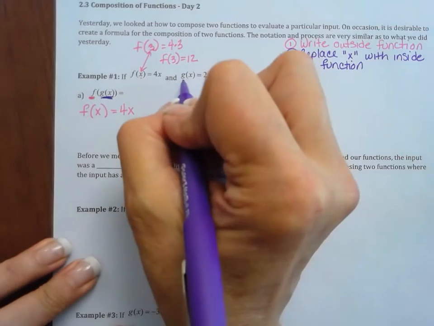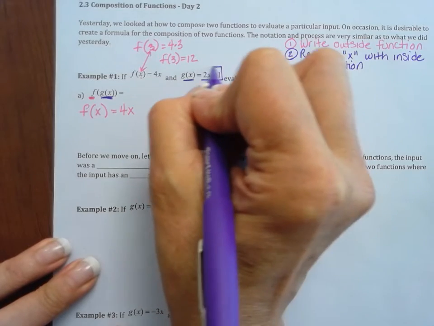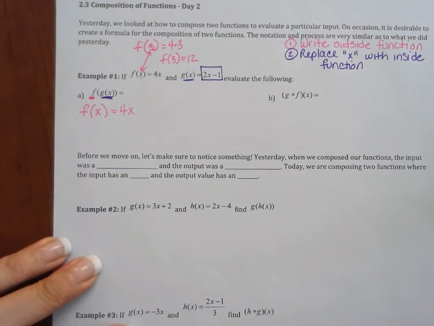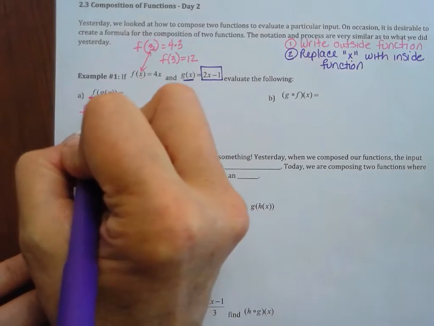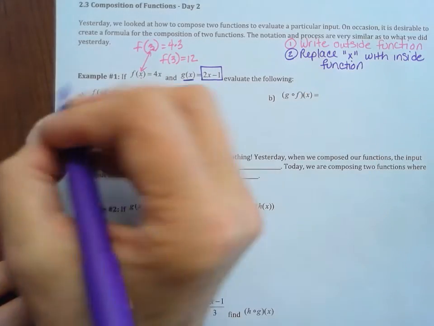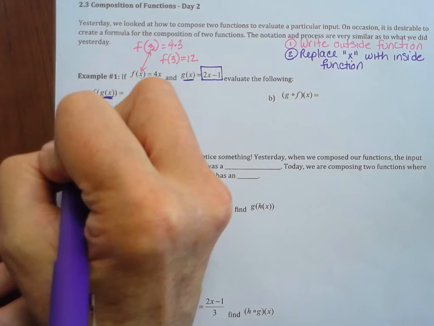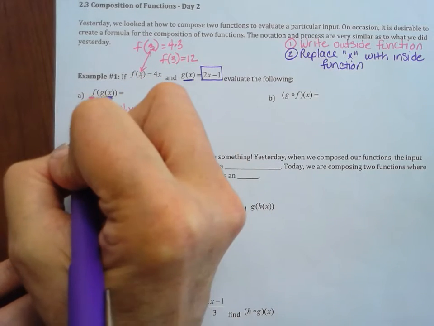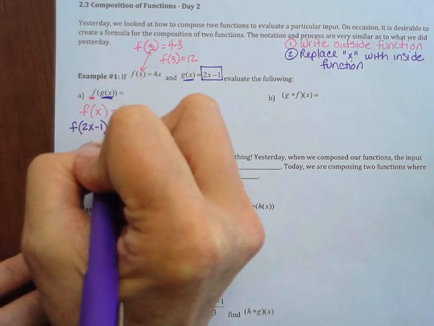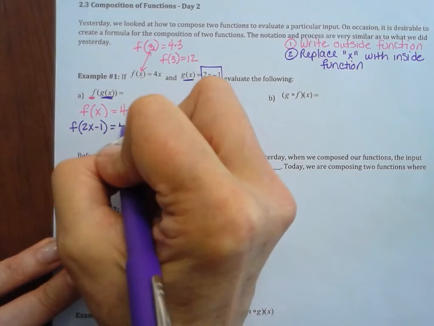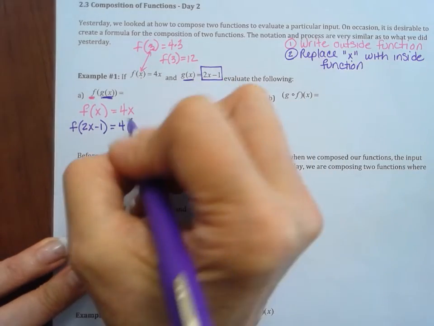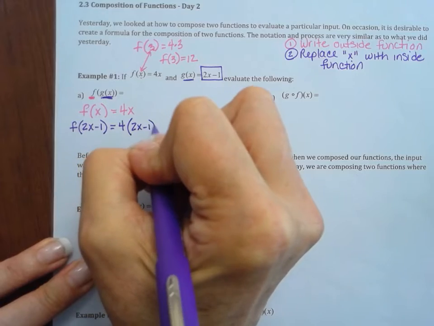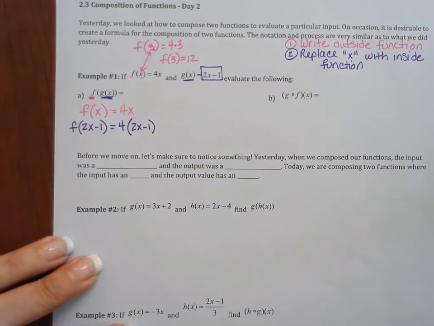Well, g of x is 2x minus 1. Would you agree with that? So let's replace my x with 2x minus 1. So it's like saying I'm going to find the f of 2x minus 1, which means it's 4 times 2x minus 1.